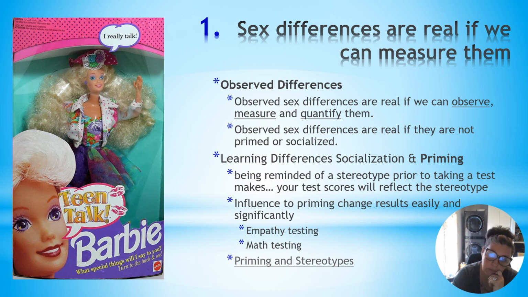But when they didn't prime men and women for men being less empathetic, they tested very similar on their empathy scores. So that's a good example of how you can influence what would appear to be a measurable trait. Even though you can observe, measure, and quantify it, it's too easily manipulated through priming.